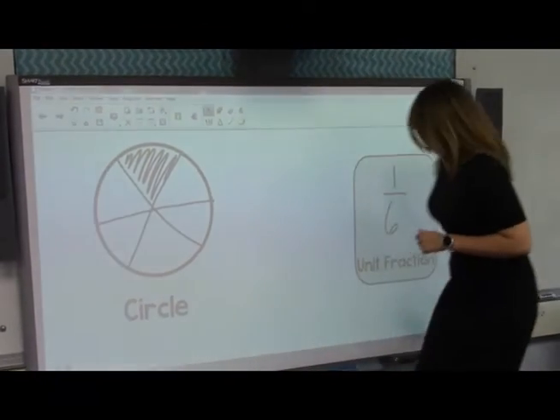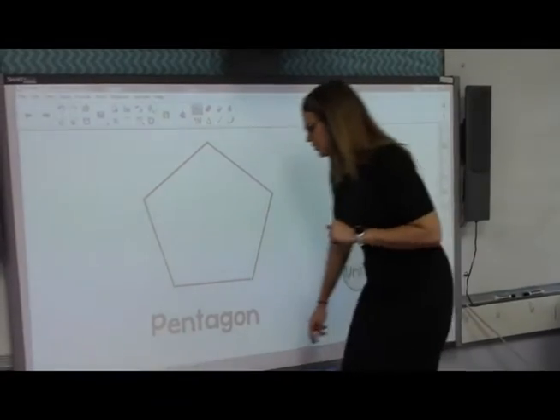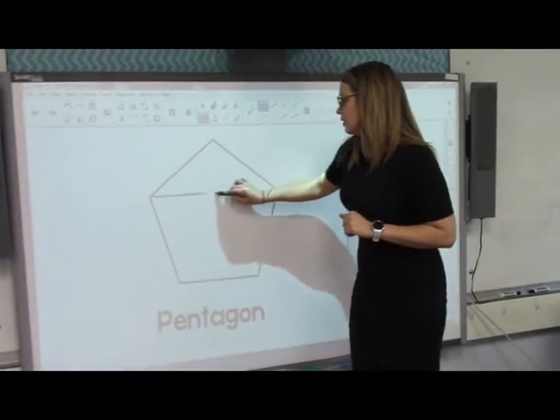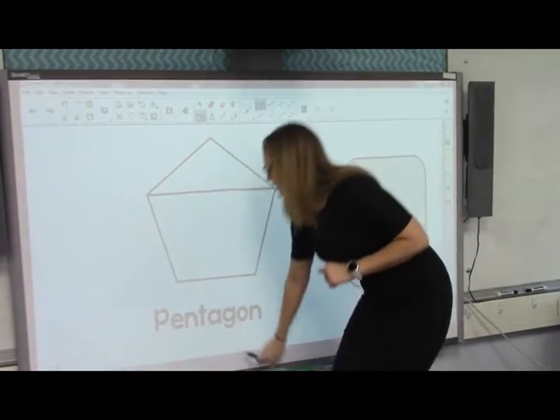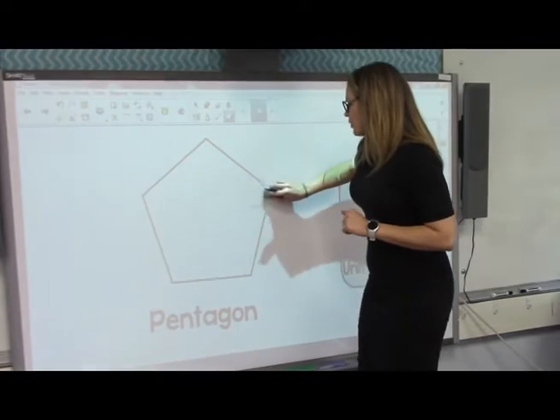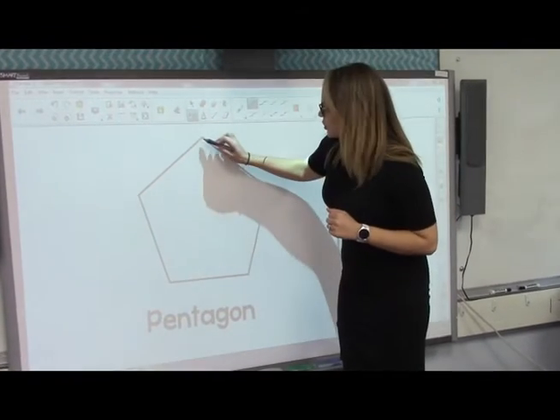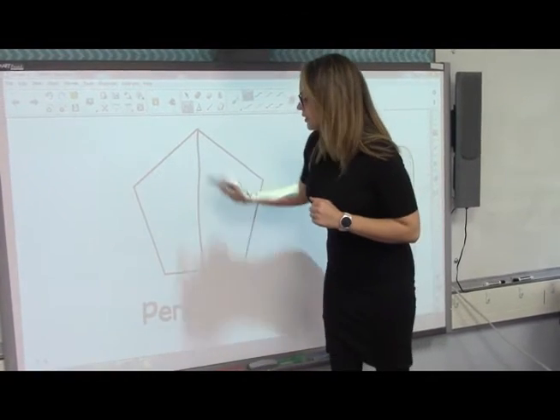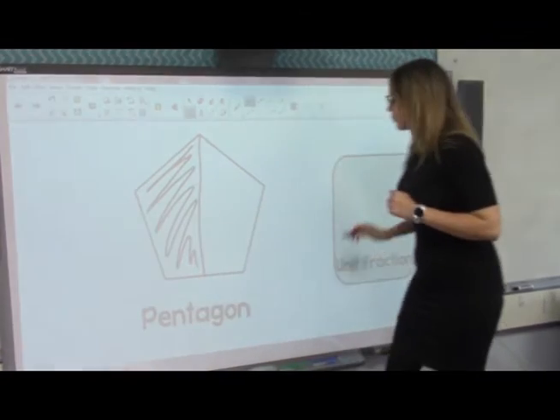We have a couple more things to do here. Let's check this out. Ooh, a pentagon. Here's another tricky one because we cannot partition it this way, can we? No, because it's not equal areas. So the only way, oh no, I lied. There's not only one way. There's 2. We can partition it in half, and this would give us a unit fraction of 1/2.